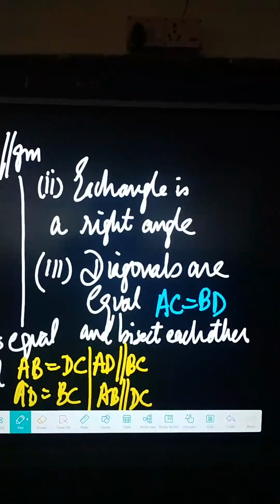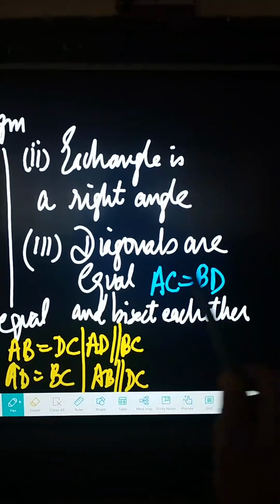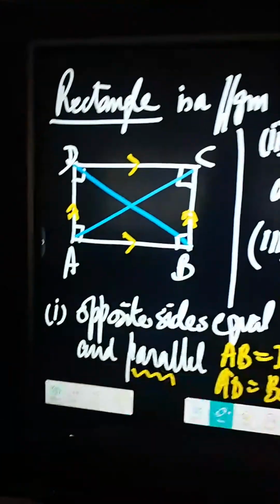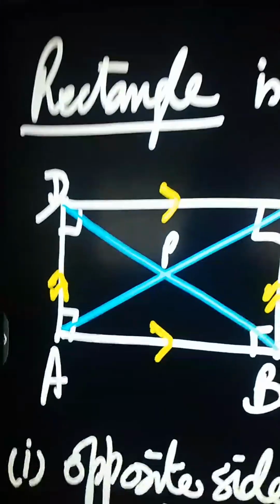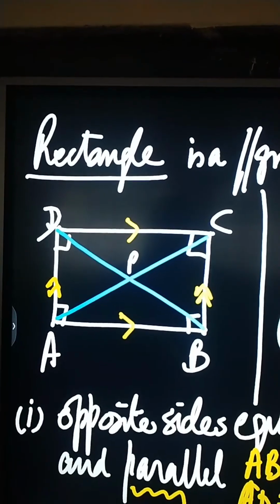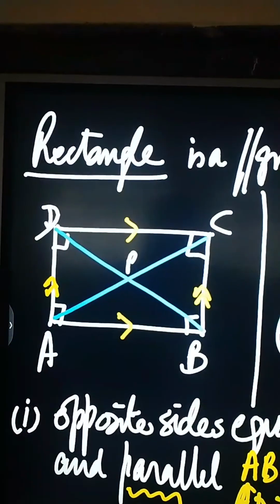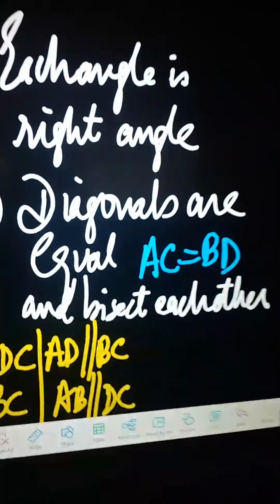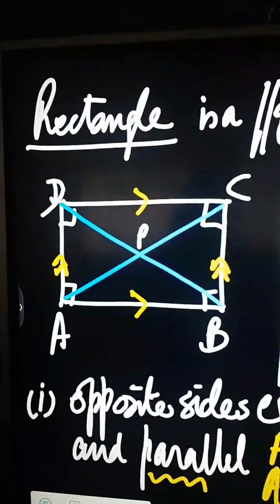So each angle is a right angle. This is the property of a rectangle. Diagonals are equal means AC is equal to BD, and they bisect each other means they cut each other into two equal parts. So if I call the intersection P, now name the parts which are equal. Comment and type below the video: if the diagonal is given AC is equal to BD, and bisecting means cut into two equal parts, what are the two equal parts?